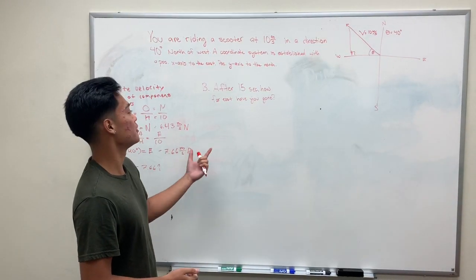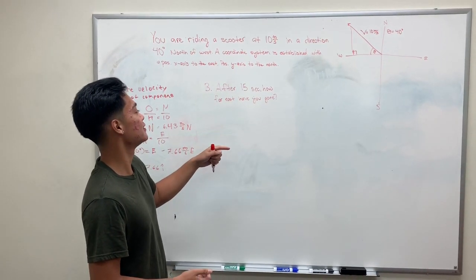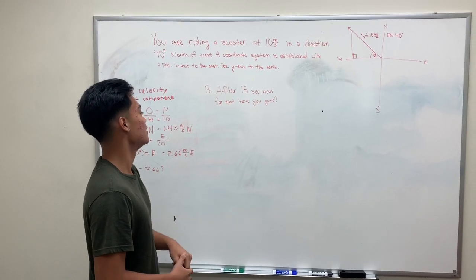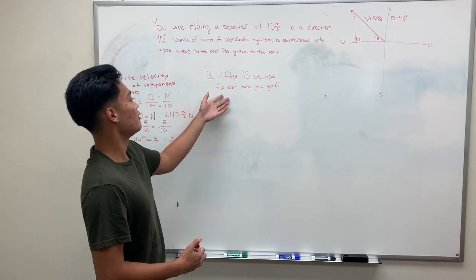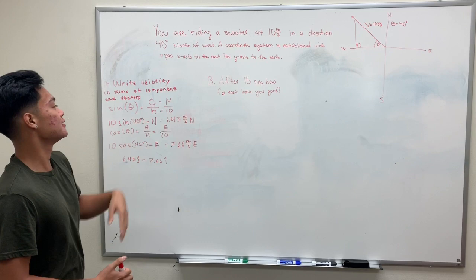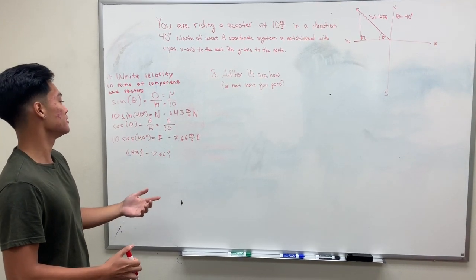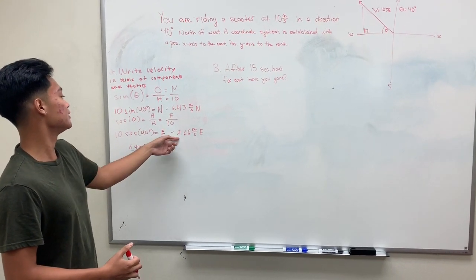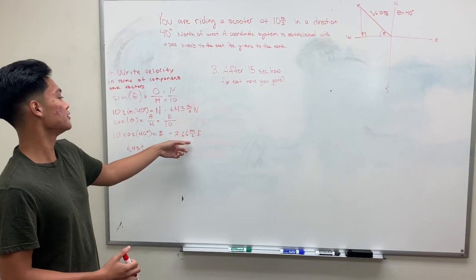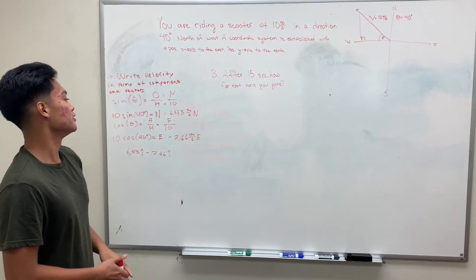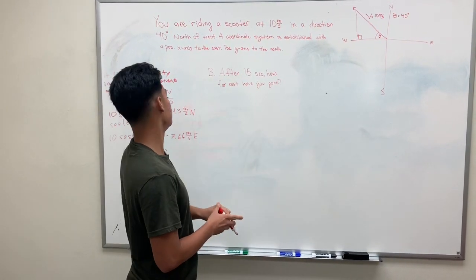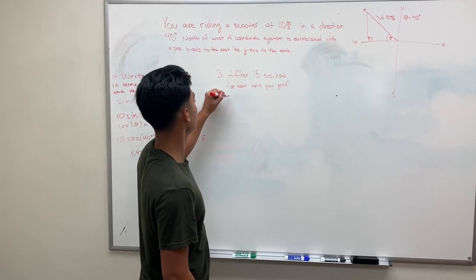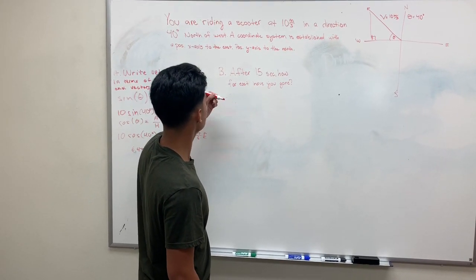Alright, so the next part we got, after 15 seconds, how far east have you gone? Looking at this, we can use the last question to answer this question. Since we got negative 7.66 meters per second going east, we can just multiply it by 15 seconds.